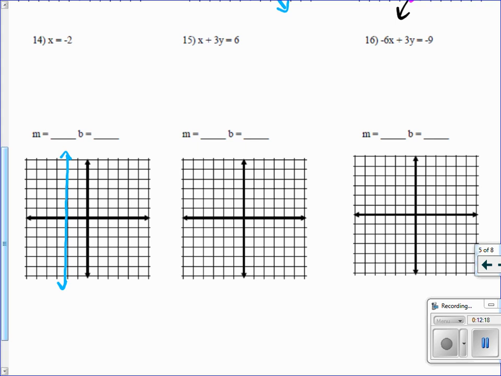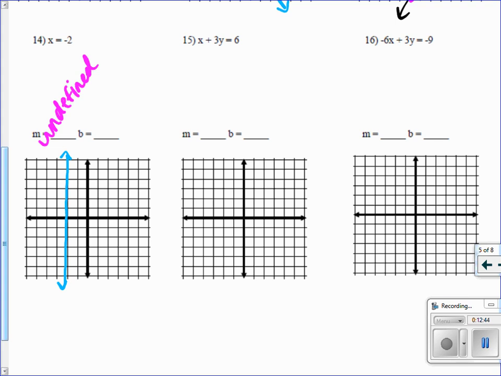That is what the graph looks like. But if you have a vertical line, what's the slope? Undefined. And then, what about the y-intercept? What does it mean to have a y-intercept? What does a y-intercept do? Where the graph crosses the y-axis.